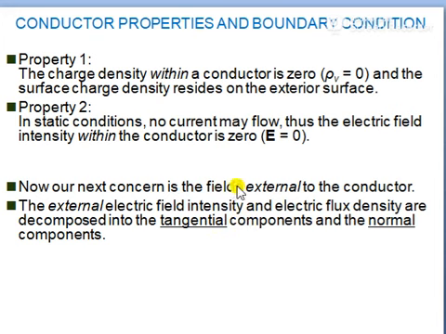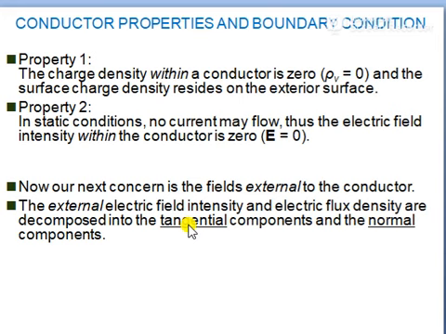Hence our next concern is the fields external to the conductor. Here the electric field intensity and electric flux density are decomposed into tangential components and normal components. For electric field intensity, they are E tan and En.